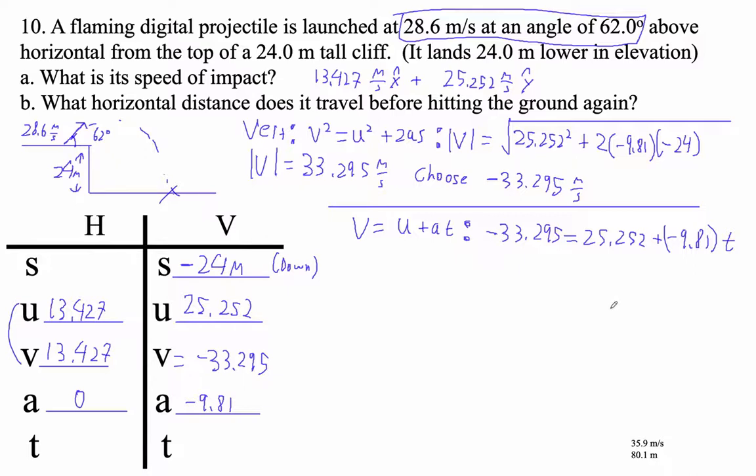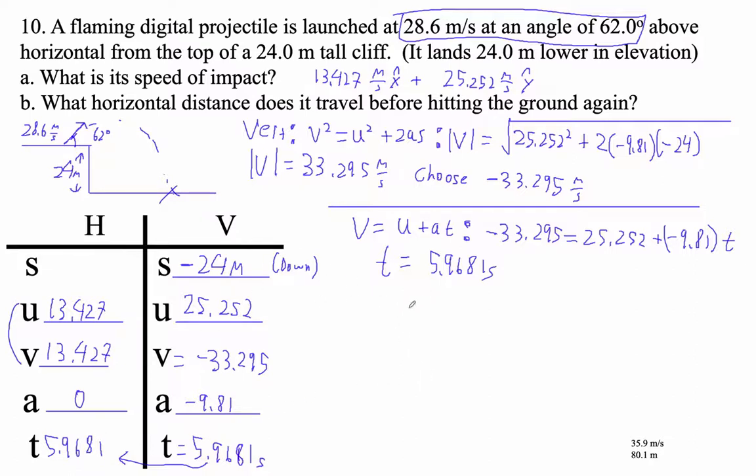Okay, so let's go. These guys, add them together, divide by 9.81. And the time in the air is 5.9681. And then that, you can castle that across.